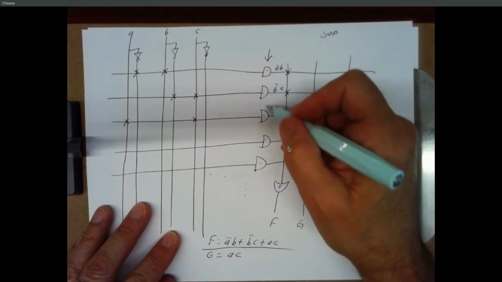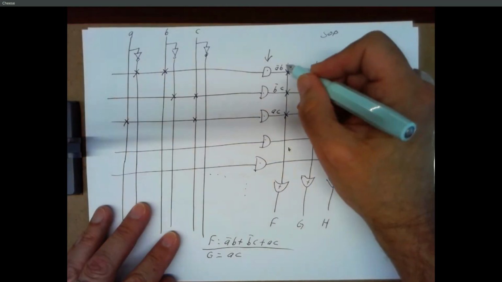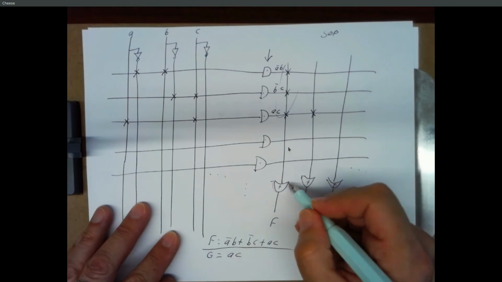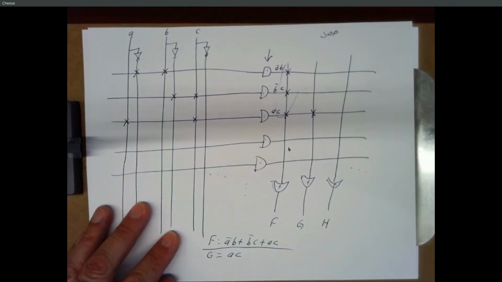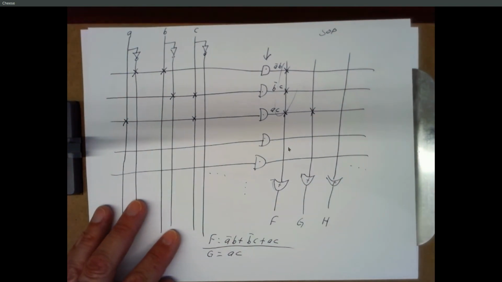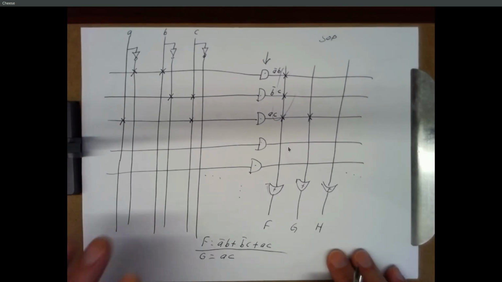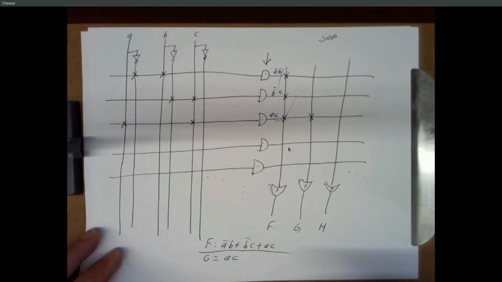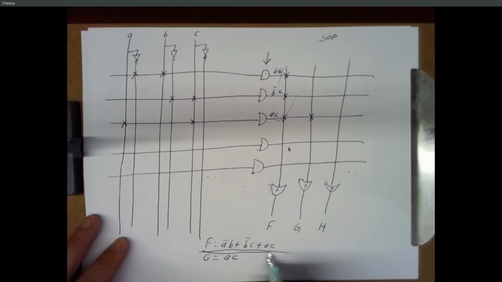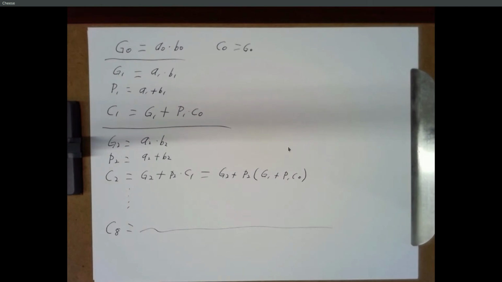All of these AND gates fire at the same time, and then all of those outputs have to go through an OR gate. That's a second propagation delay. It's a total of 2 propagation delays. So if your AND gate takes 5 nanoseconds and your OR gate takes 5 nanoseconds, it takes 10 nanoseconds to find this expression, no matter how complex it is. Which means we can generate each of these carries in 10 nanoseconds.